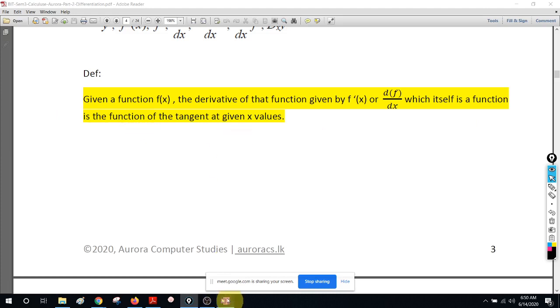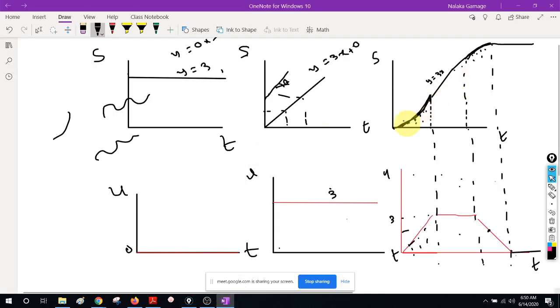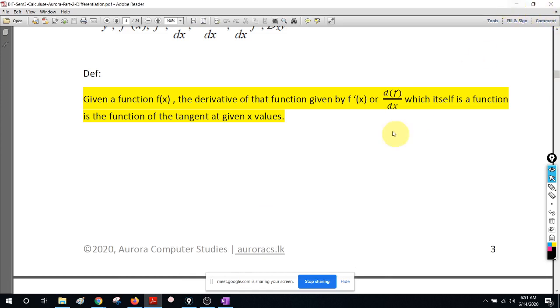When this is your function, your derivative is going to give you this function. When your function is something like this, your derivative is going to give you this function. That is what we need.